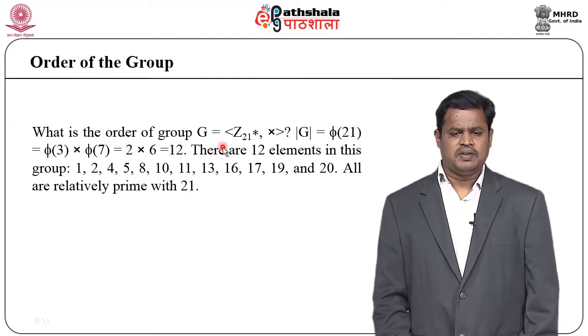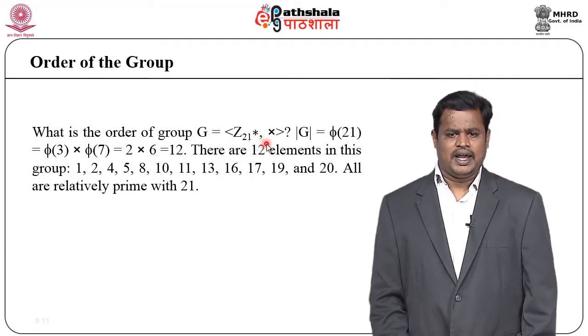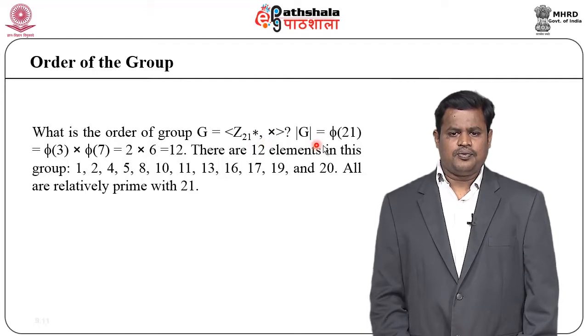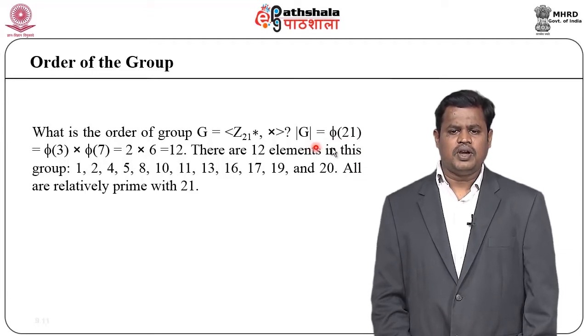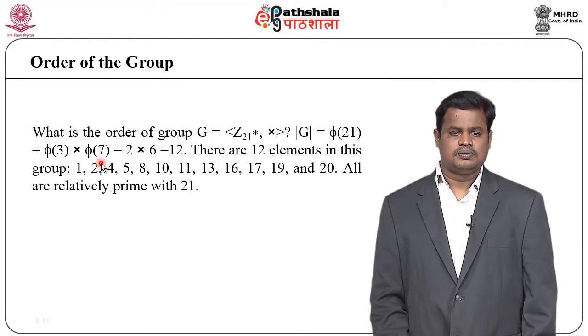If a group is given as G equals Z 21 star, comma, multiplication, that is the multiplicative operation, then phi of 21, with the help of the rules given for the Euler-Totient function, we know very well 21 can be factorized as 3 into 7. So, phi of 3 into phi of 7.